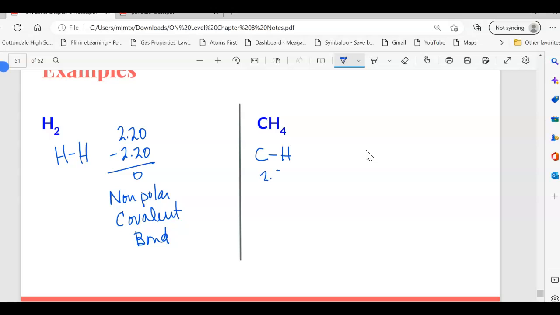So we're going to do 2.55 minus 2.20. If we subtract this, we're going to get 0.35. And so this is a polar covalent bond.